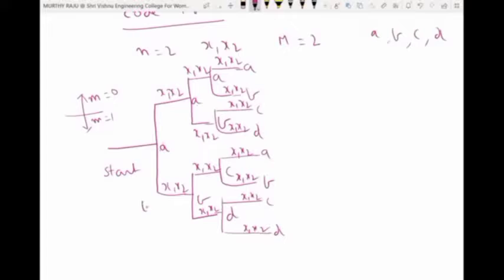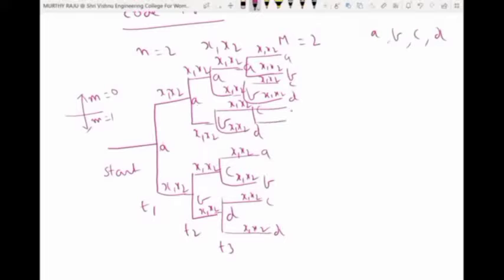After 3 levels, at T1 time, here T1, here T2 and T3. Next one, this one is A to A, A to B, X1, X2, X1, X2. Here B to C, B to D, X1, X2.